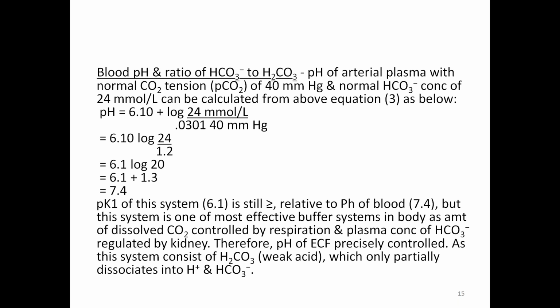So through the coordination of these two systems, the pH of ECF is controlled very precisely. Why so? Because this system consists of a weak acid, which easily and partially dissociates into hydrogen and bicarbonate ion.